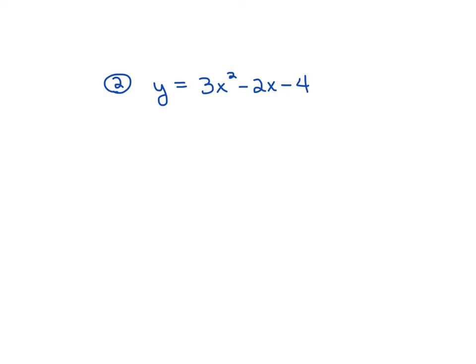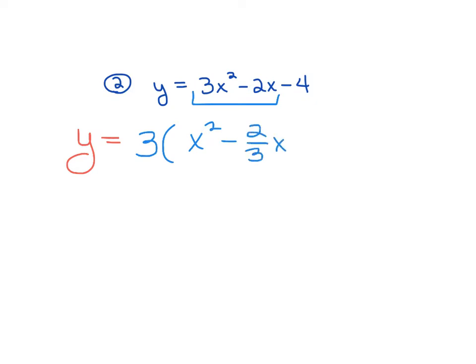So the first thing I'm going to do is divide just the variables, so just these two, by 3. So I'm going to basically factor out the 3, and I get x squared, or I'm dividing everything by 3, and it becomes 2/3 x. I'm going to leave the blank space, and then I'm going to shift the -4 over. I now need to take the b term, divide it by 2.